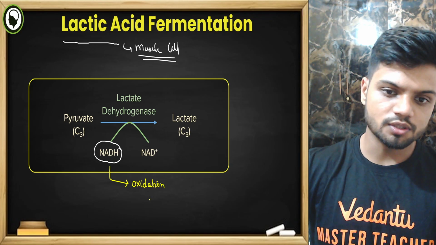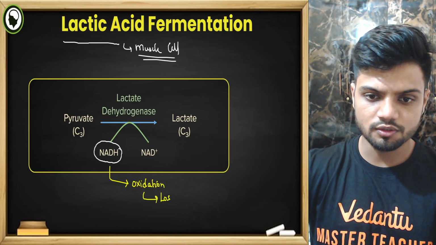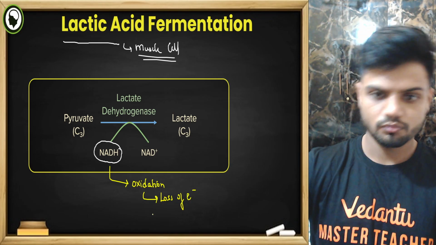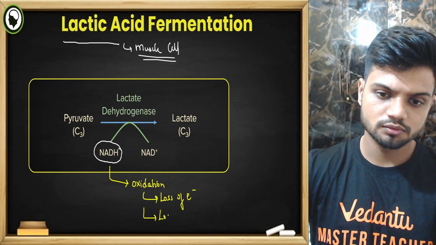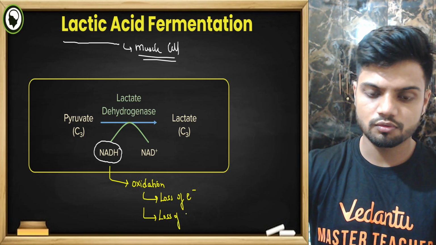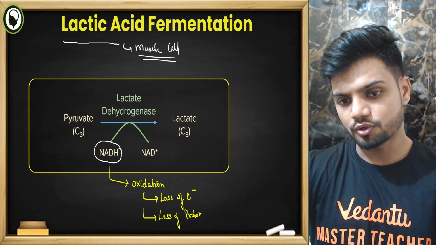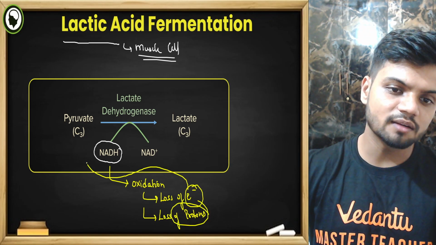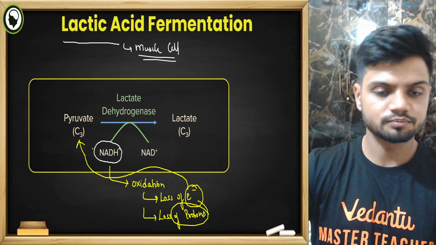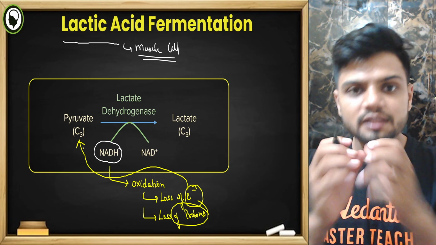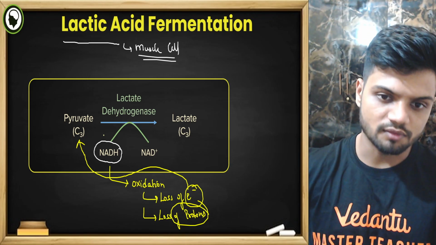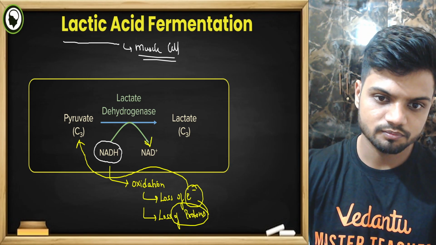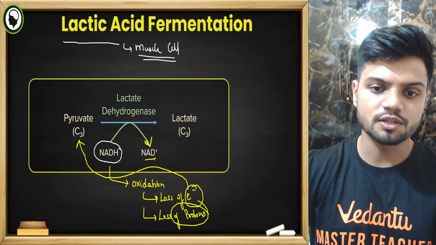What is oxidation? Oxidation is loss of electrons, or can I call it loss of protons? Now, these electrons and protons are taken up by the pyruvate. NADH is getting oxidized to NAD plus.